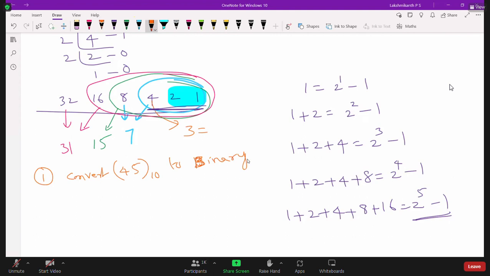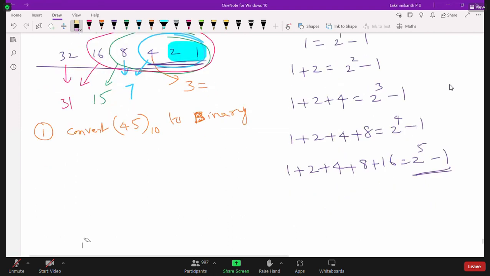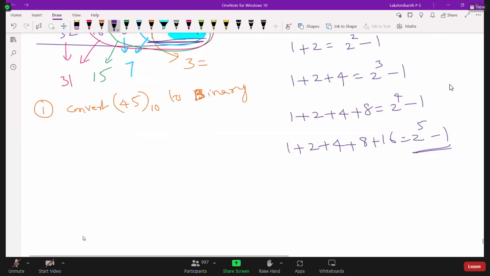What are the place values of 2? 2 power 0 is nothing but 1. So let me write here 2 power 0, 2 power 1, 2 square, 2 power 3, 2 power 4, 2 power 5, 2 power 6.